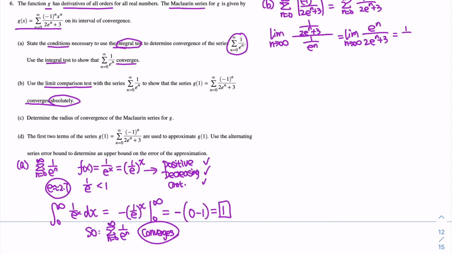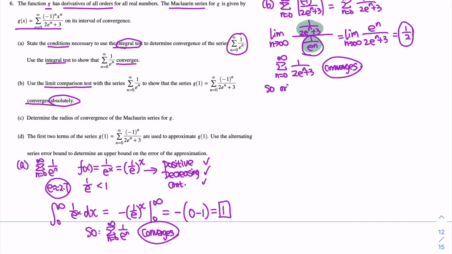This gives us 1/2. So we get a constant. That means these two series will have the same property because we know the series 1 over e to the n converges. Because the absolute value converges, the original series converges absolutely.